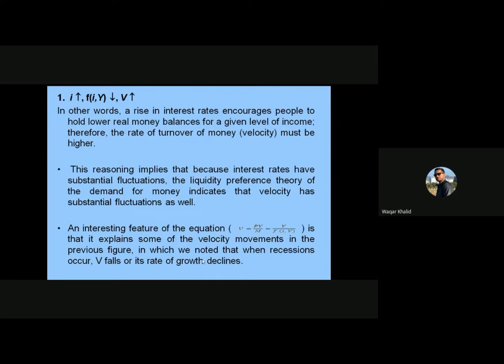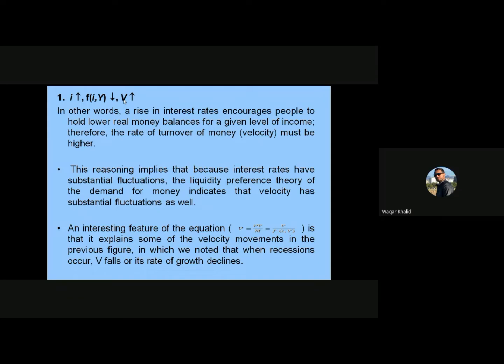Now look at the relationship of how velocity is changing with the interest rate. Point number one: i increases. Suppose interest rates increase, then f(i, Y) decreases and V increases, which means there is a positive relationship between i and V. In other words, a rise in interest rates encourages people to hold lower real money balances for a given level of income.